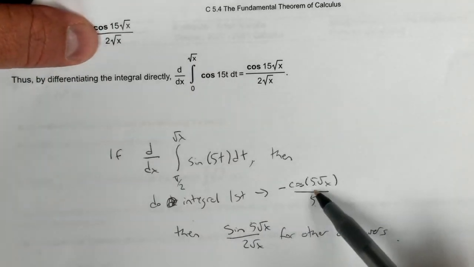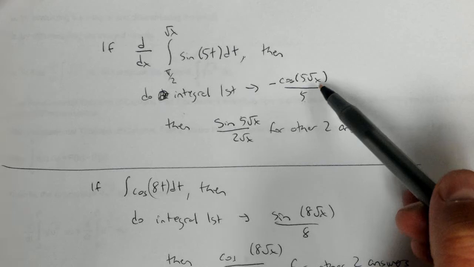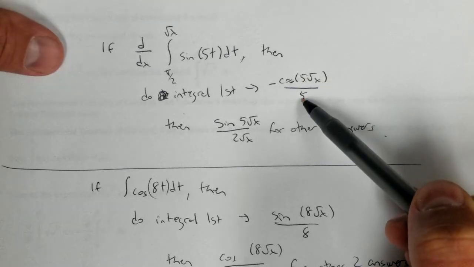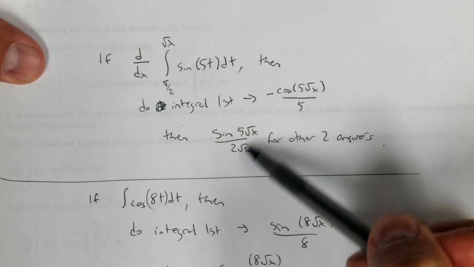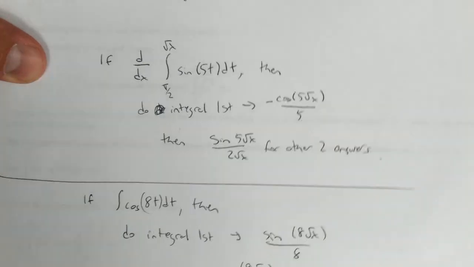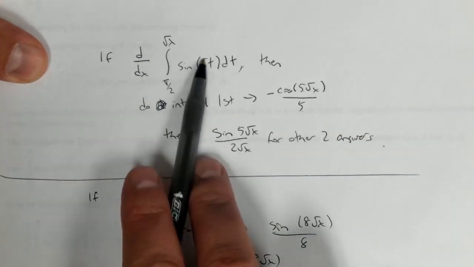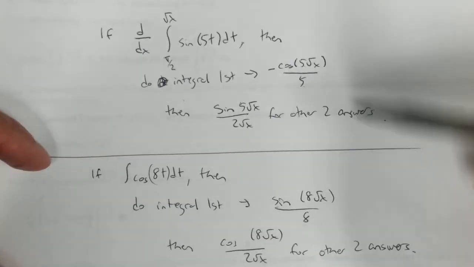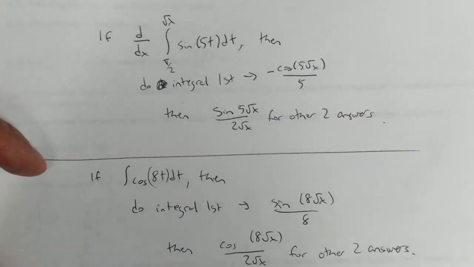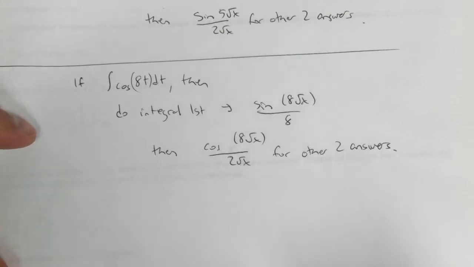And so that's why this was negative cosine 5 square root of x over 5. And then for the other part, you get sine 5 square root of x over 2 square root of x. So again, that number on top and then the 2 square root of x on bottom. So you can use these as examples in your notes.